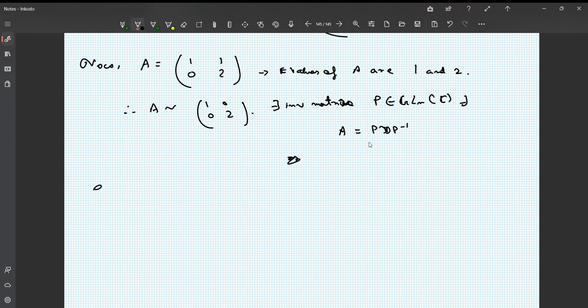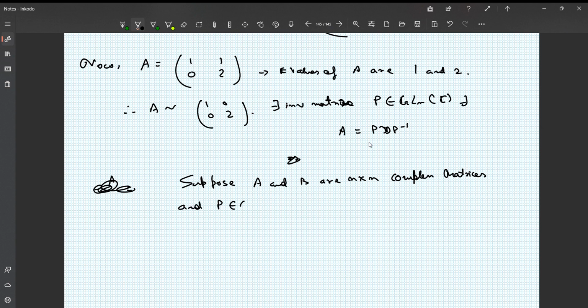Now what is e to the power A in this case? Let me come out with a general form. Suppose A and B are n cross n complex matrices, and P be an invertible complex matrix n cross n, such that A can be written as P B P inverse. Then what is e to the power A?